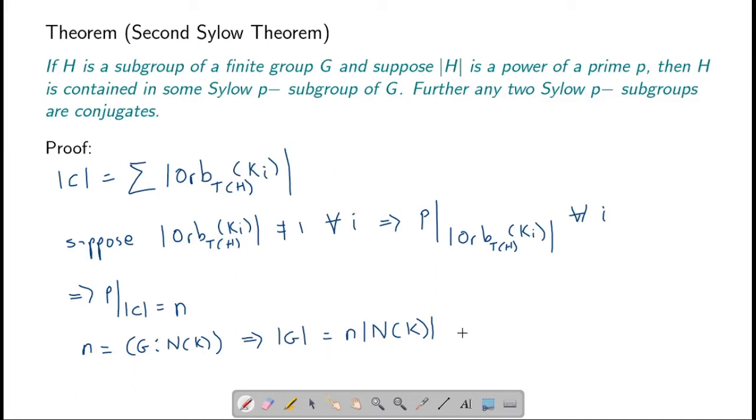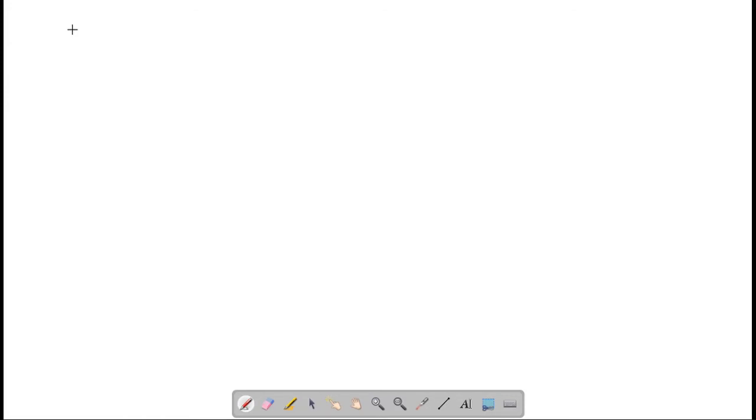Now, suppose the number of elements in K is p raised to k.